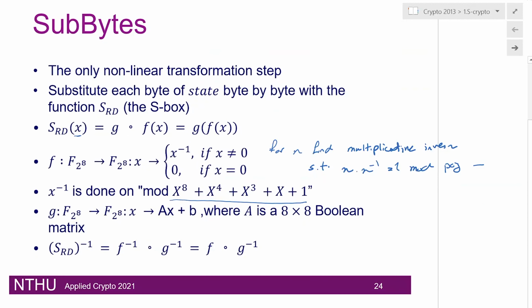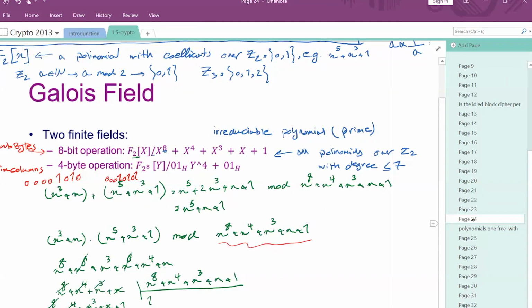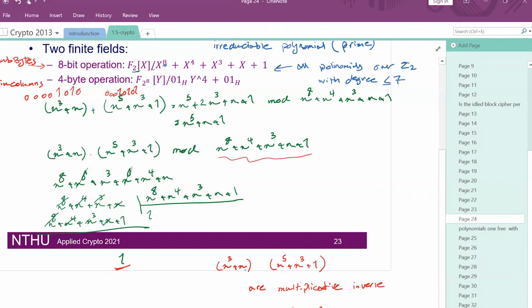Once we've done that, the g is actually just a linear combination. We receive that multiplicative inverse, multiply it by A, and then add B to it. So we are basically computing Ax plus B. Something very interesting in the world of multiplicative inverses is that the multiplicative inverse of any element mod a polynomial, mod P, is unique. When I ask you what is the multiplicative inverse of this element, it is always this one under this given irreducible polynomial.